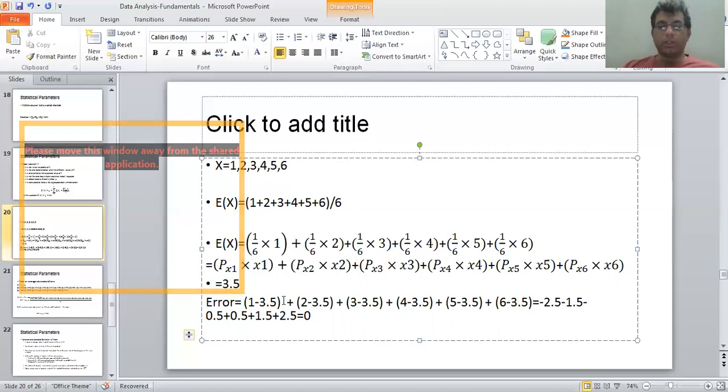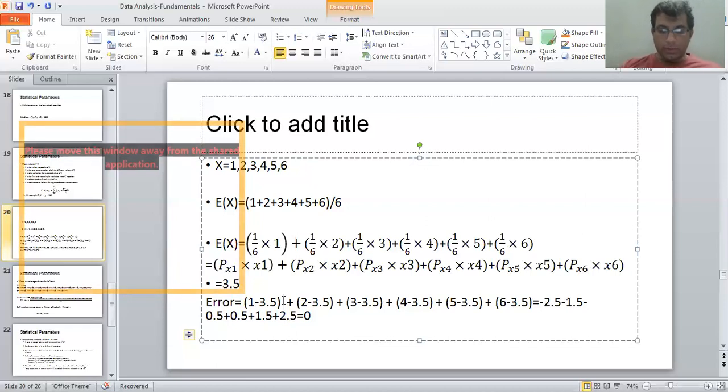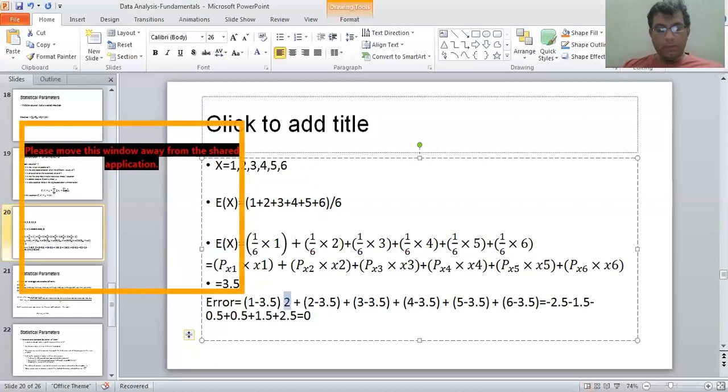The first one is to not consider the signs, just take the magnitudes. And the second one, which is preferred over the first one, is to take the square of the values. So rather than doing it this way, it is better to take the square of the values, and this would resolve both the issues.